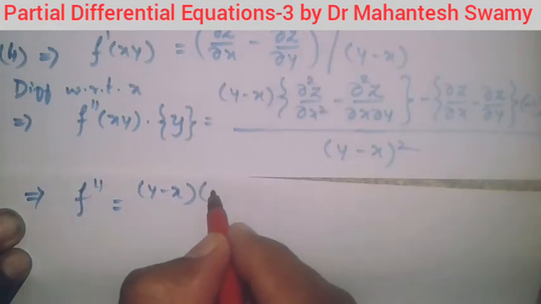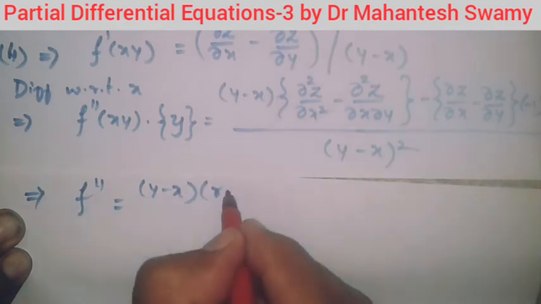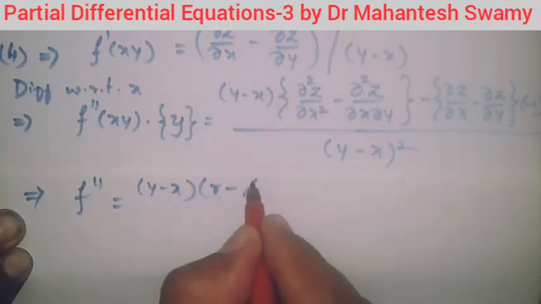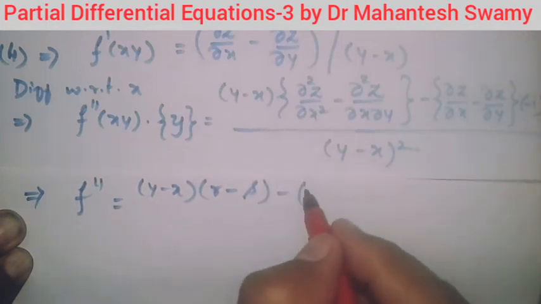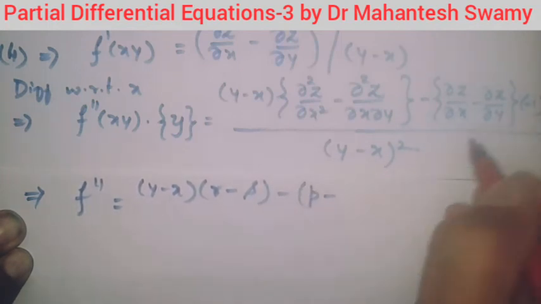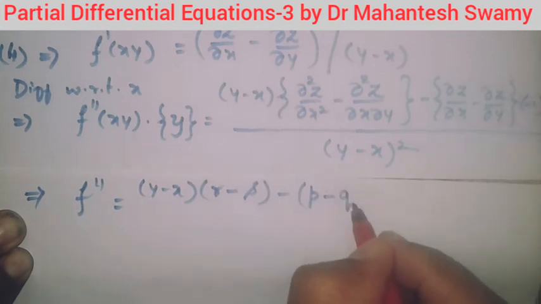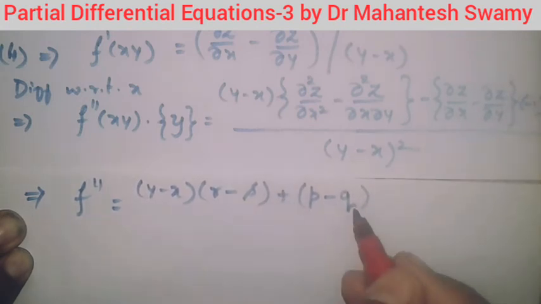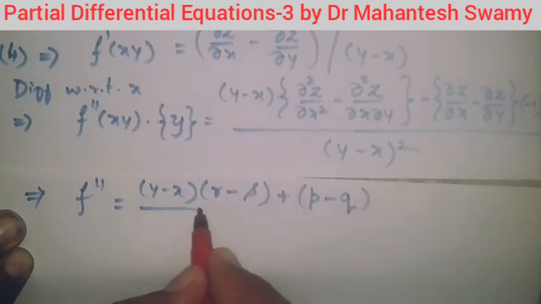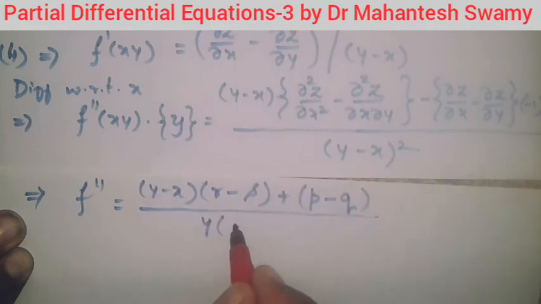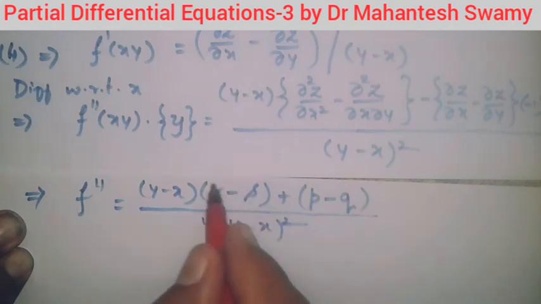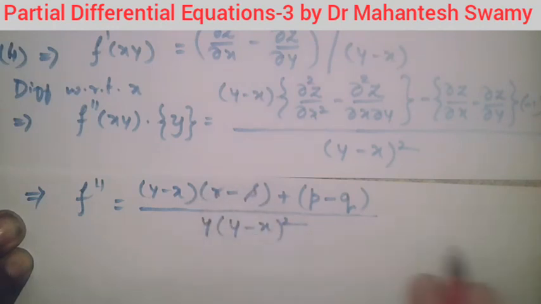We know that the symbol for this is r, minus the symbol for this is s, minus ∂z/∂x, which is p, minus ∂z/∂y, which is q. This minus makes this plus. So this much will be there in the numerator, divided by y into bracket y minus x whole square.